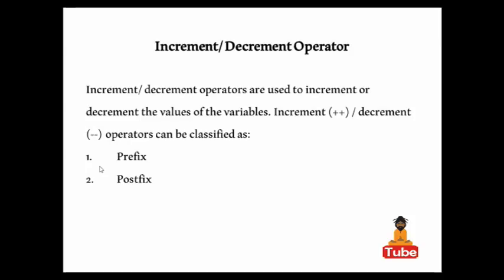Be very sure, if we are saying that we are going to apply increment or decrement operator, it simply means whether we will increase the value of variable by 1 or we will decrease the value of the variable by 1. So it also can be classified in prefix and postfix.